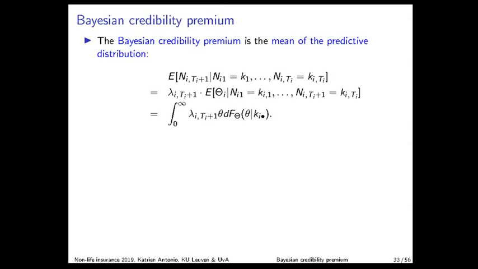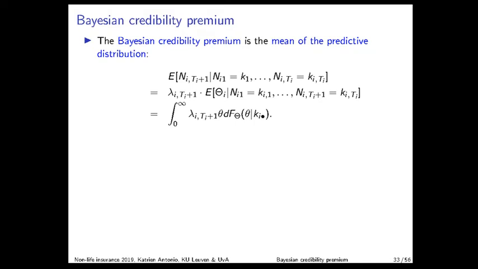So combining the estimator for the random risk parameter theta_i with the a priori mean for n_i,ti+1, we find the Bayesian credibility premium for n_i,ti+1. And we find this credibility premium as the expected value of n_i in the next time period, conditional on the claims reported in the past.